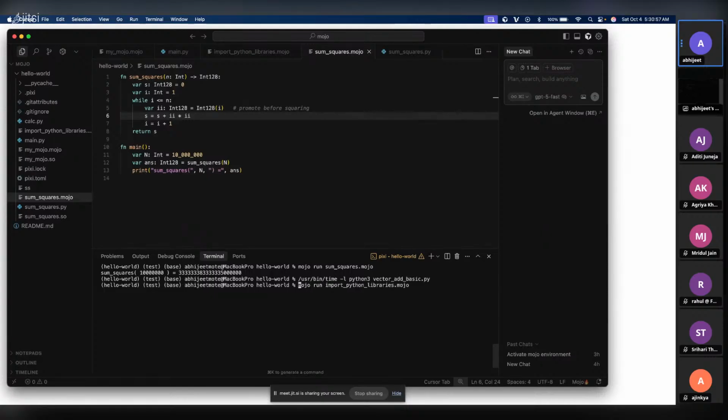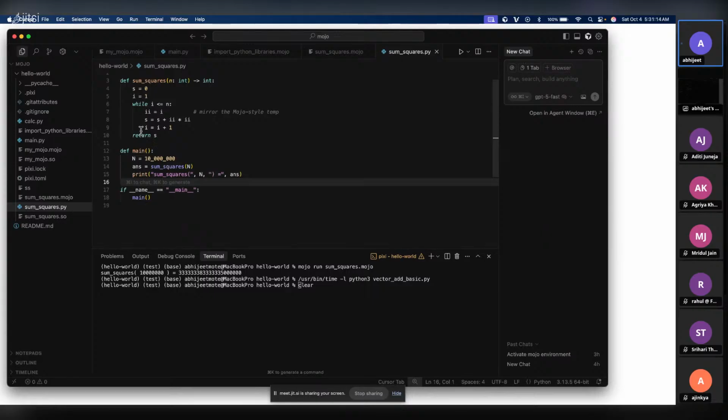When you compile this, it will create a .so file. So we'll see two or three examples here. This is one Mojo file which has the same syntax as the Python one.